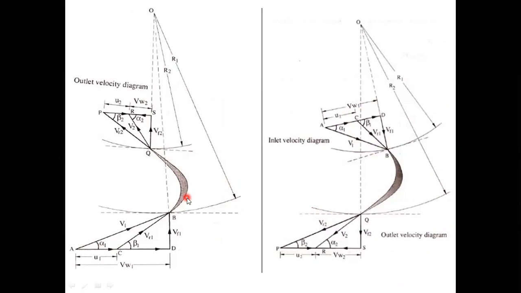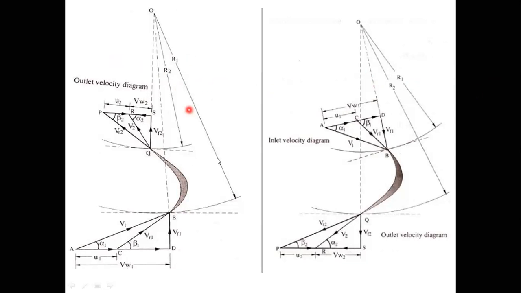So this is the velocity triangle for the inward radial flow turbine and the outward radial flow turbine. You can see here, this is different at R1 and R2.